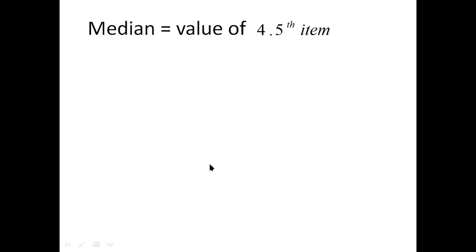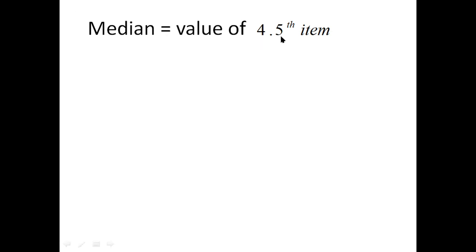So for that, we have to break it. 4.5 means that value which comes after the 4th and before the 5th. Or 7.5 item will mean the value after the 7th item and before the 8th item, like that we will consider.